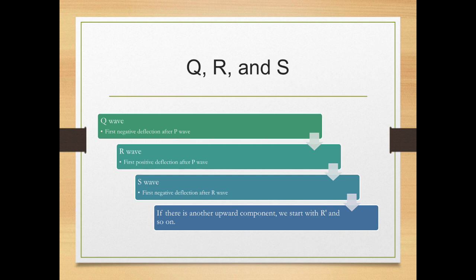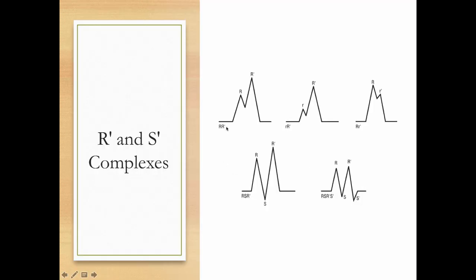And then if there is another component, we start with the primes. So another upward component after the S wave is an R prime. If there's another negative deflection after the S wave, it's an S prime, and so on and so forth. Here are a few examples. We have an R prime. So going in, we don't have a Q wave here, right?